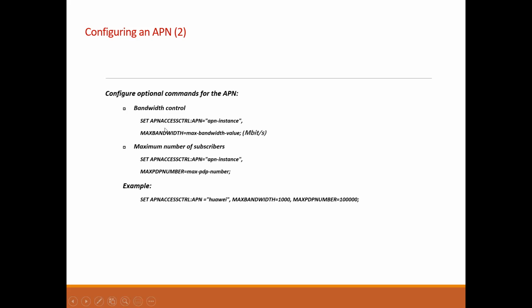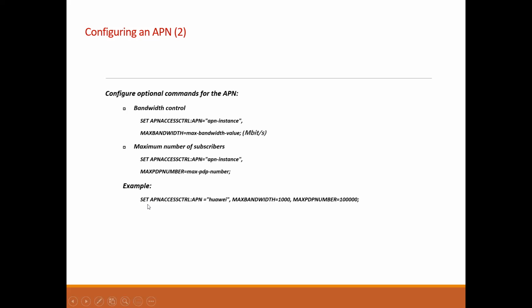The other option is to specify how many subscribers this APN can support. You can specify that a corporate APN requires, for example, 5,000. This is usually configured via the IP pool. You only specify those number of IPs which are required, but this can be controlled at APN level as well.